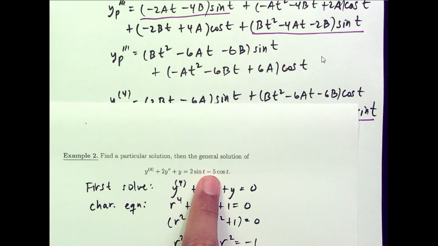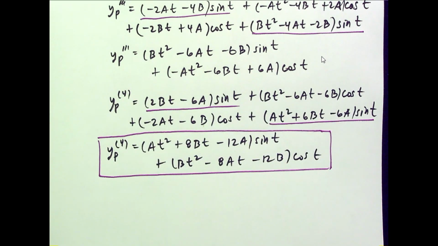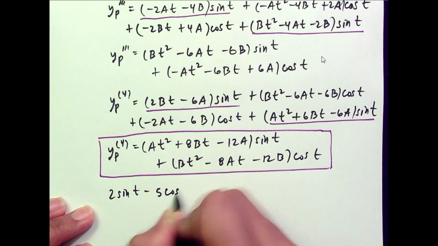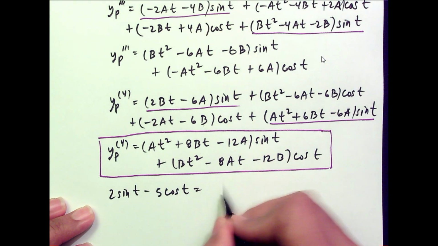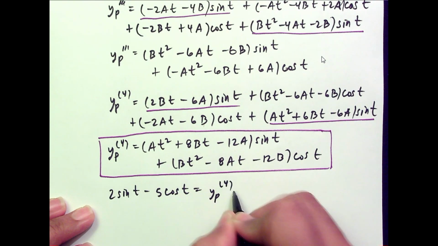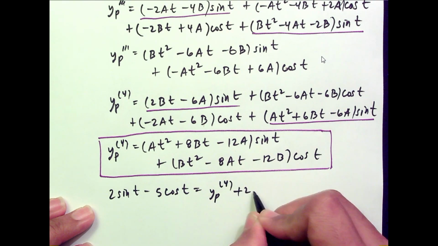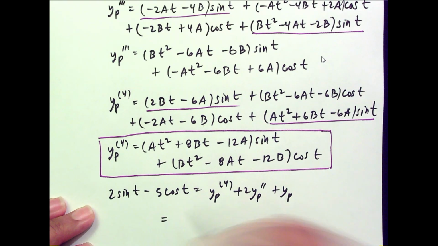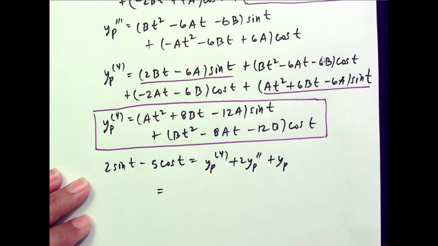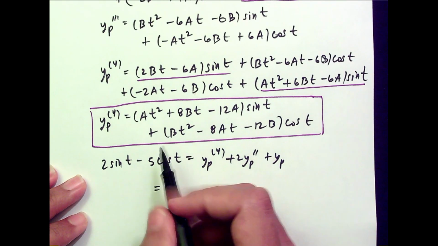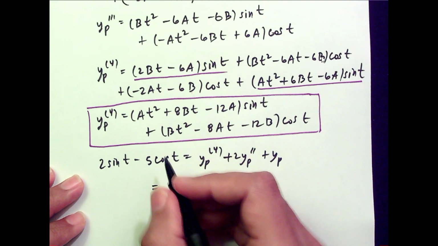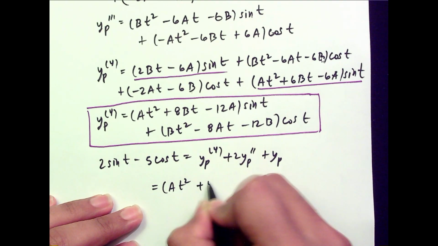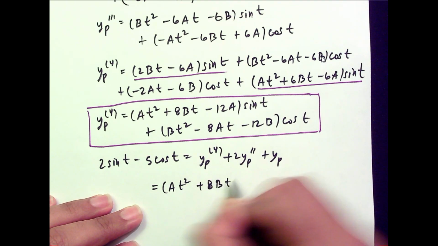So 2 sine of t minus 5 cosine of t is supposed to be equal to the fourth derivative plus 2 times the second derivative plus the particular solution. This is going to be a lot. I'm going to just copy it, but it's going to simplify a lot as well.